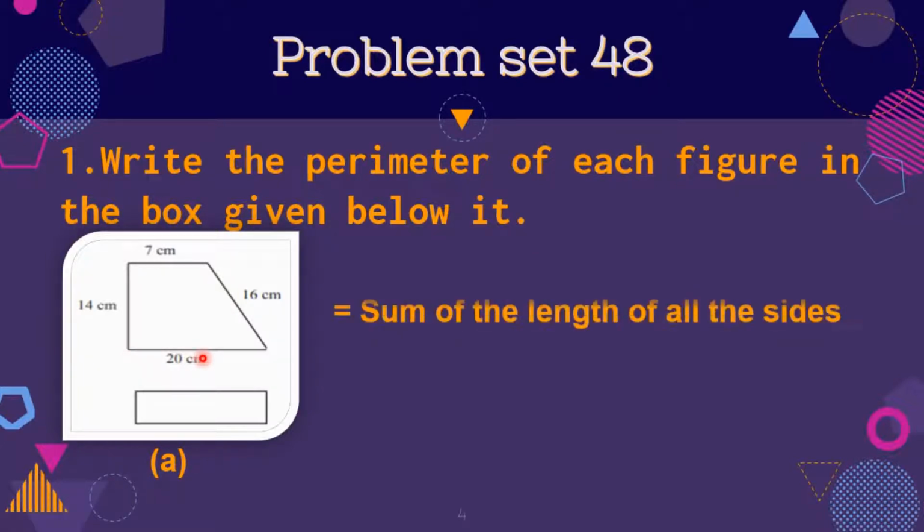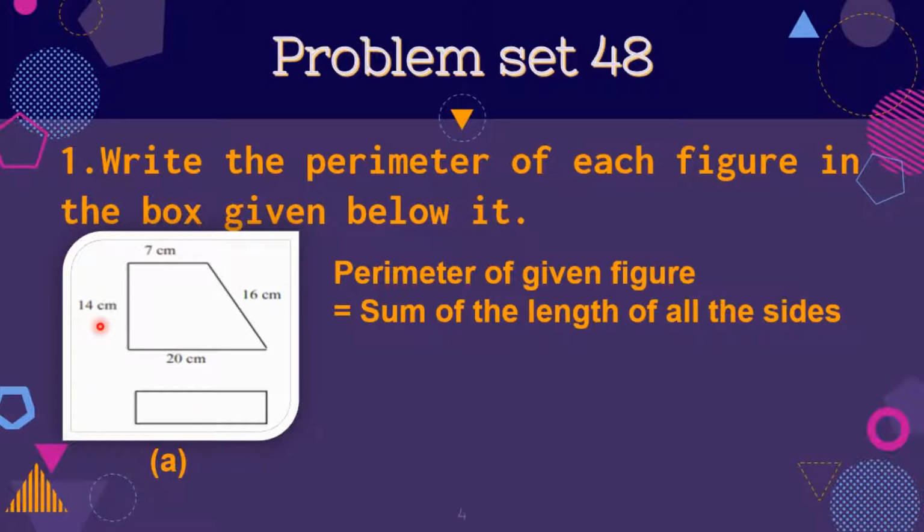We know that perimeter of a figure is equal to sum of the length of all the sides of that figure. Here the length of all the sides of the given figure are 7 cm, 16 cm, 20 cm and 14 cm.